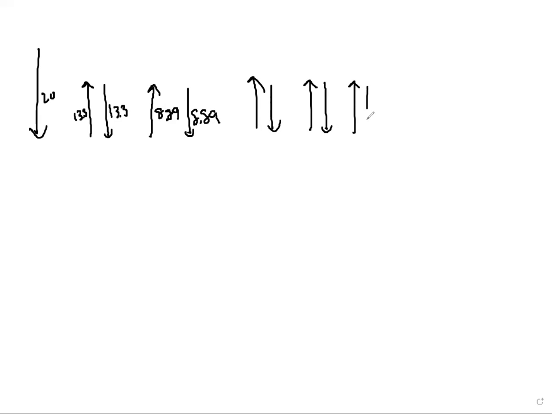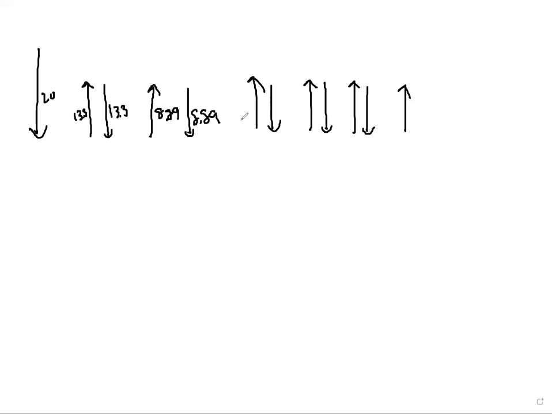Okay, and then this is the second bounce, 8.89, and then down 8.89. So that's 1 bounce, 2 bounce, 3 bounce. This is the 4th bounce, and then 5th bounce, and then 6th bounce. I stop at an up arrow.